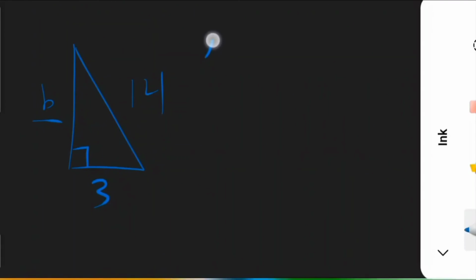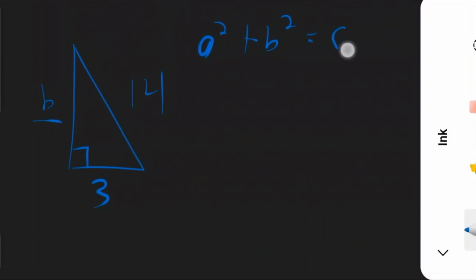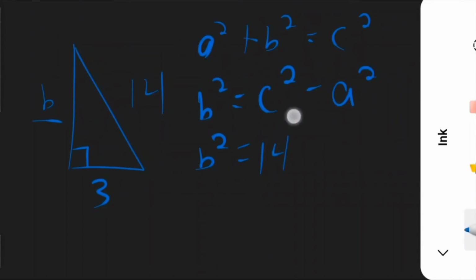So a squared plus b squared equals c squared. We already know a and c, so we need to solve for b. So b squared equals c squared minus a squared. So b squared is equal to 14 squared minus 3 squared.